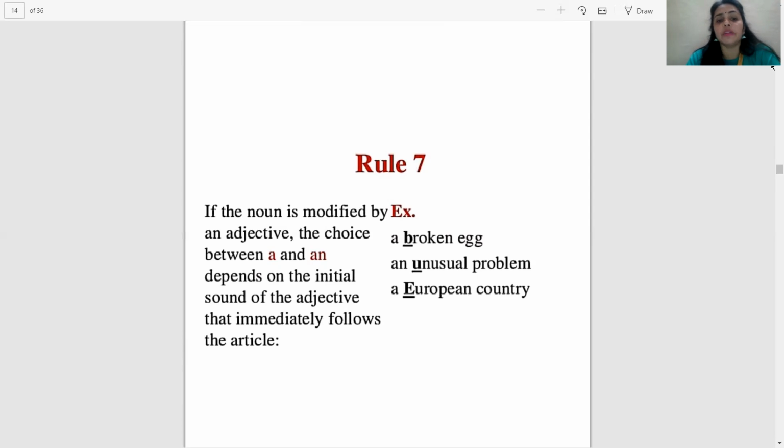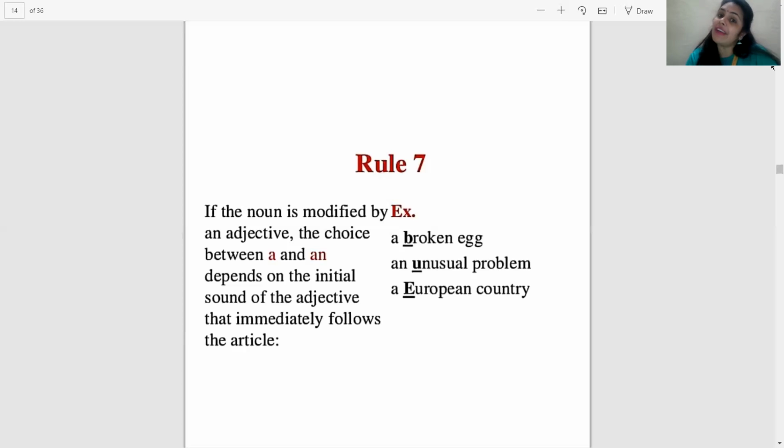So if the noun is modified by an adjective, the choice between a and an depends on the initial sound of the adjective that immediately follows the article. Examples: a broken egg. If you talk about egg only, simply an egg, no issue.